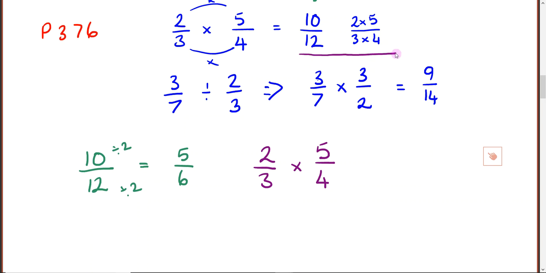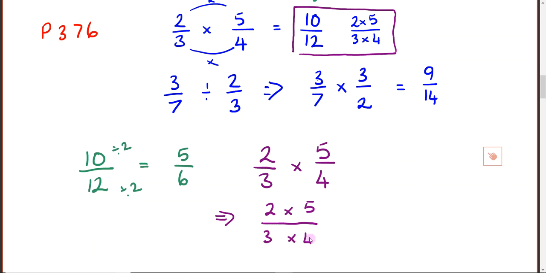What I said was equivalent, so I'm going to rewrite this. The answer would be 2 times 5 divided by 3 times 4, and that's the 10 divided by 12, yeah?